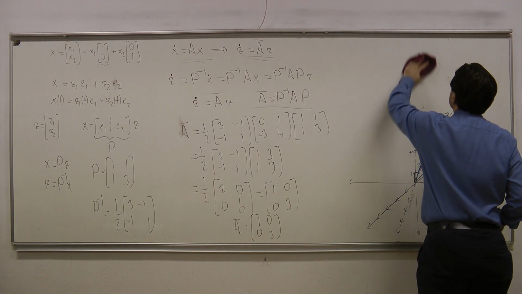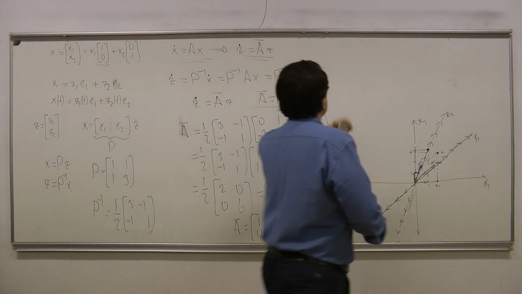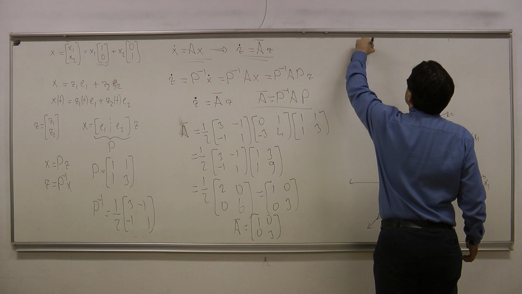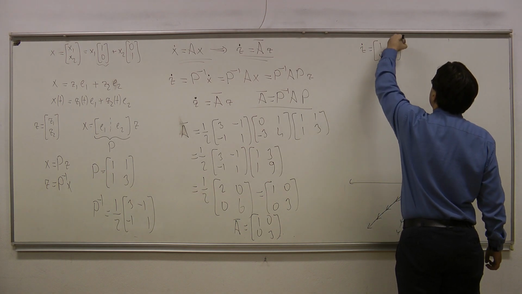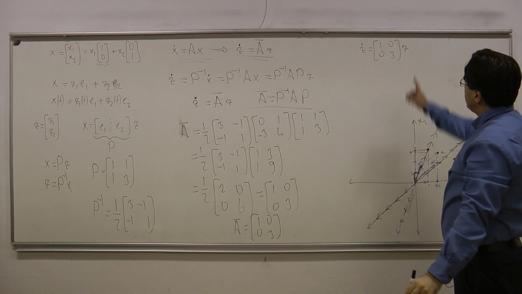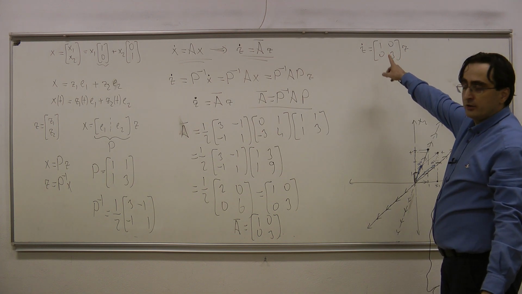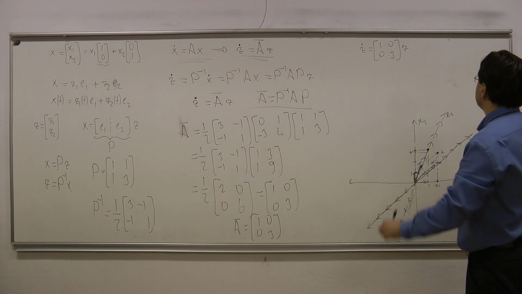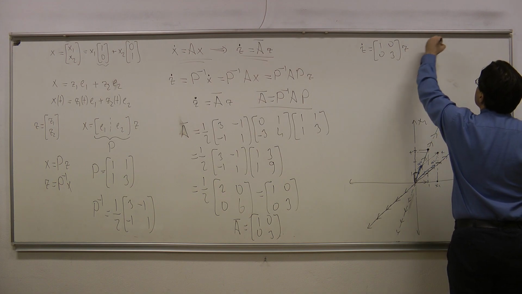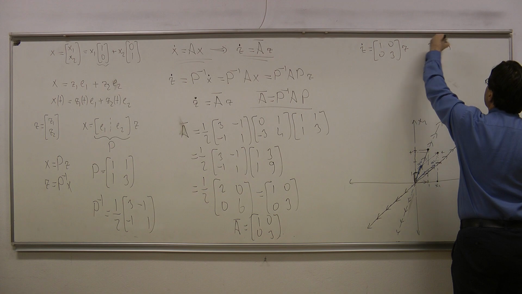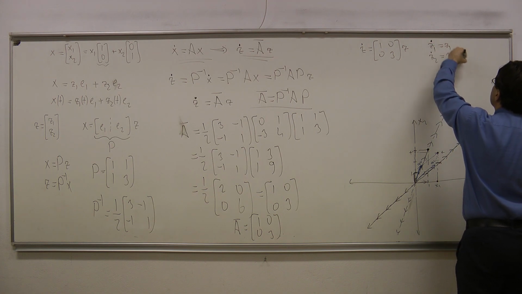Let us put them into the equation for z. That tells us z dot is equal to this diagonal matrix 1, 3, 0, 0, times z. When I write the individual differential equations corresponding to this vector differential equation, I will write z1 dot is equal to z1 and z2 dot is equal to 3z2.